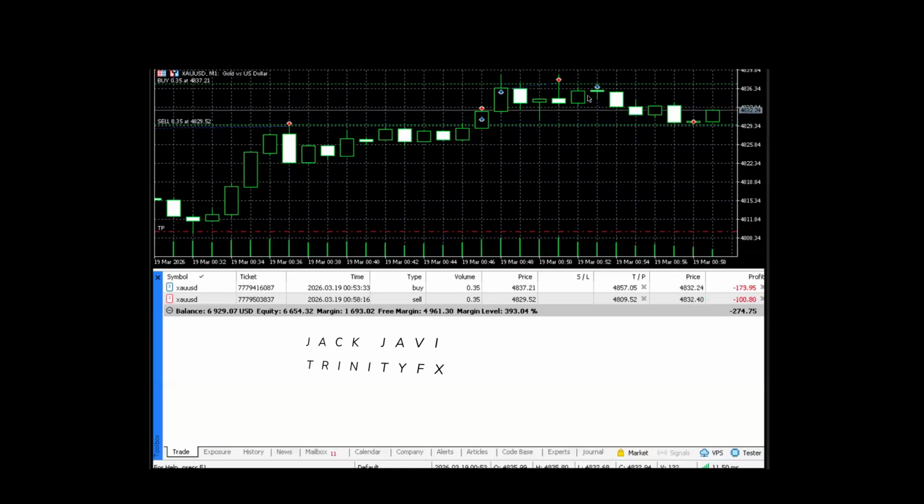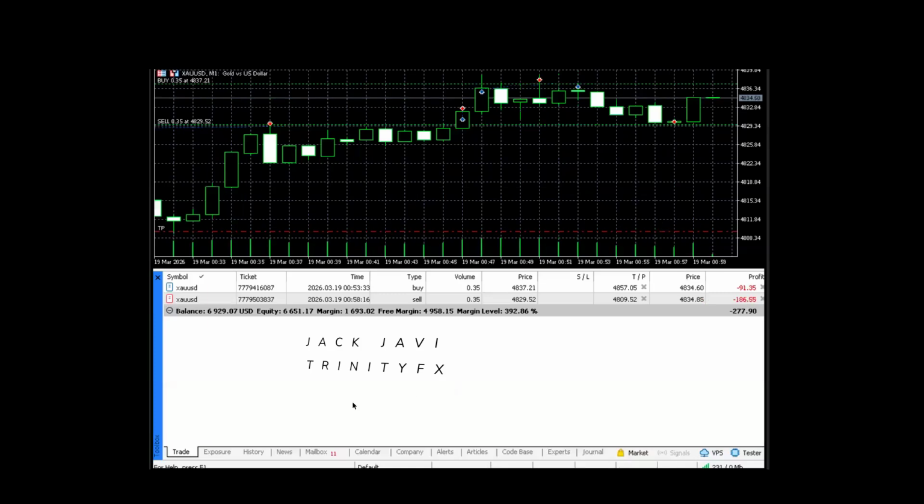Also, there is a condition that the second trade should not face the same direction as the first trade. So it either goes up and closes that one first, or goes down and closes the second trade first. Guys, let's observe and see what will happen here.